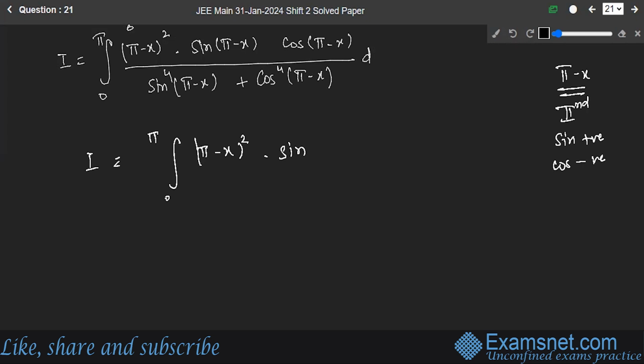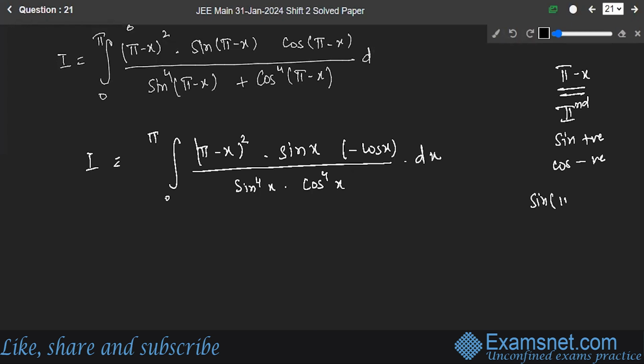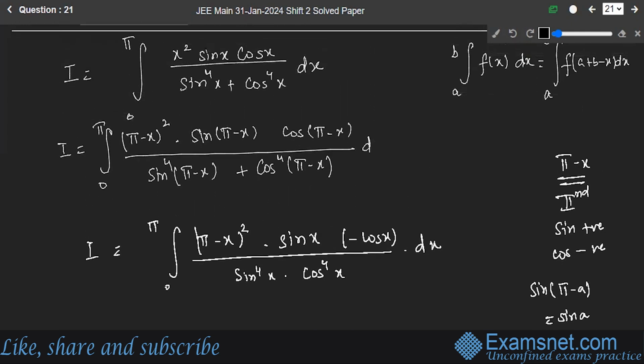This is going to give me sine x, and this will be minus cos x divided by sine power 4x, and this is cos power 4x only. Okay, because sine pi minus a is equal to sine a, and cos pi minus a is equal to minus cos a. This pi doesn't change the tangent. Trigonometric ratios don't change it.